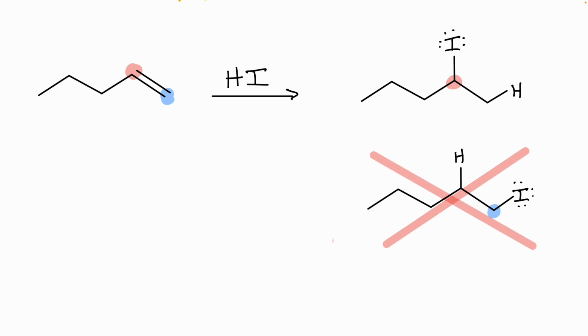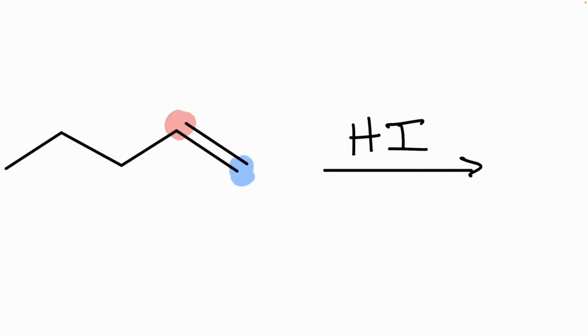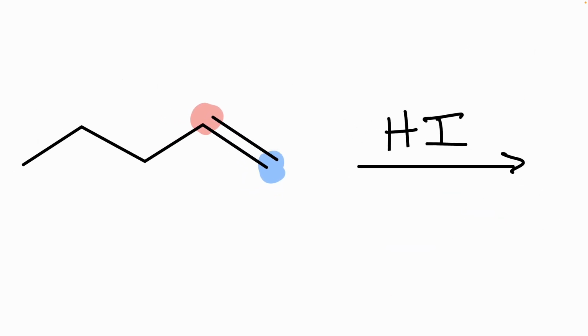There's a big difference between this example and the one that we did previously. And that is the fact that the classification of these two carbons is different. This one right here is a secondary carbon, and this one over here is only a primary carbon.